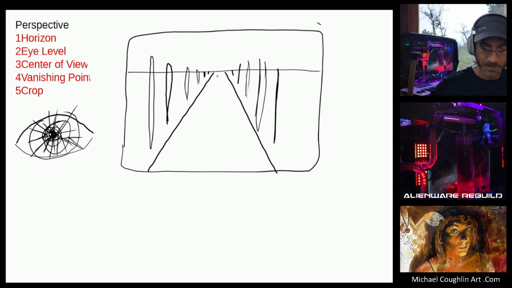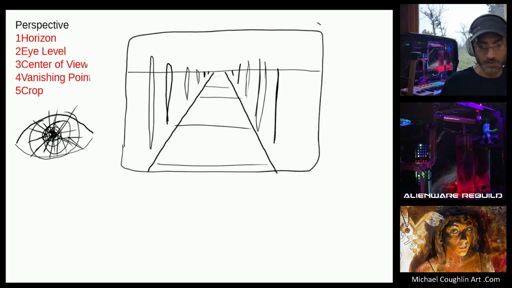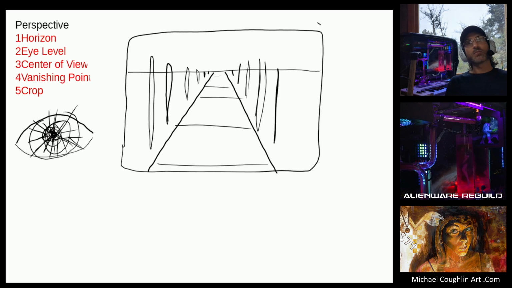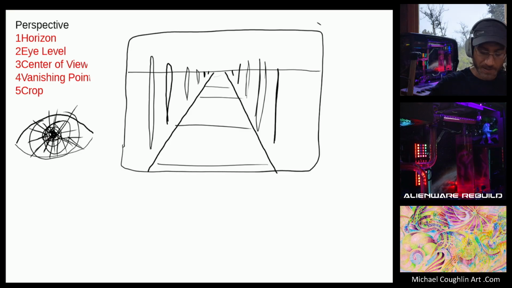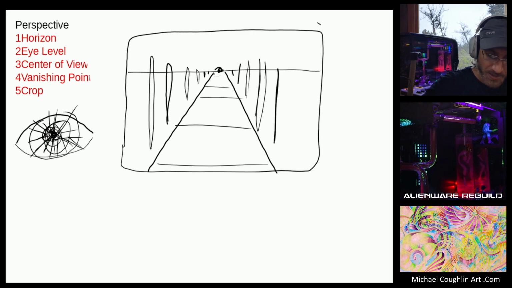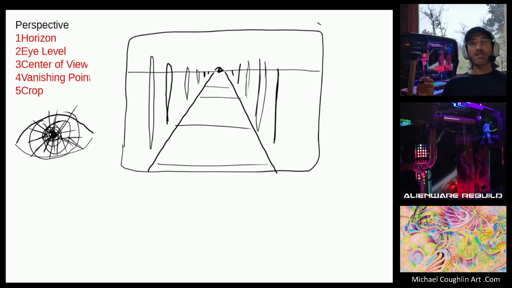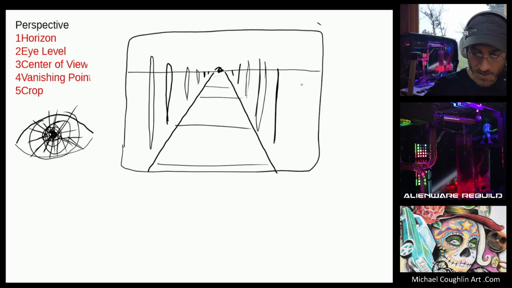Okay, here is the railroad track. Okay, that's my classic 1-point perspective scene, right? So, vanishing point is right here. It just so happens to match up as my center of view because I'm standing right in the center of the railroad tracks. But here is another object that's over here, and it's a square.